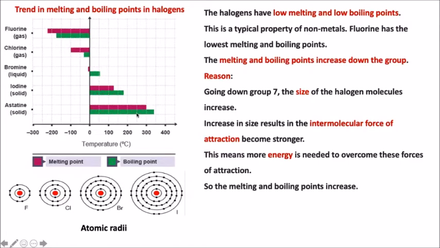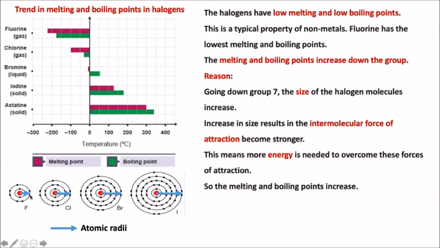Why does this happen? Number one, now I will take you to the electron structure here. Look below the graph, you see the electron structure. I am going to put some arrows on it right now to be able to explain what I mean. So you can see I've put some light blue arrows on each one of them. Fluorine has got the arrow, chlorine, bromine, iodine. I am using these arrows to represent the size of each of these atoms.